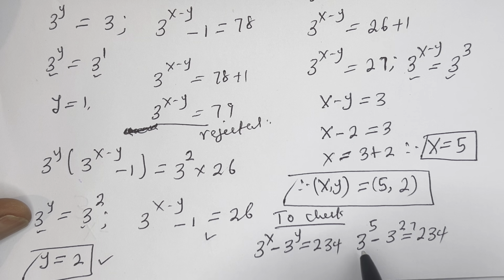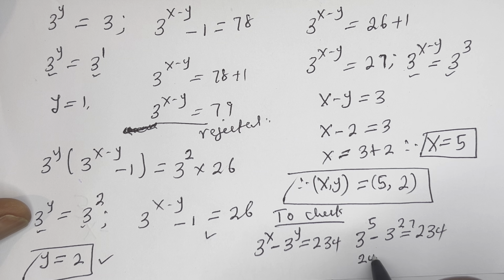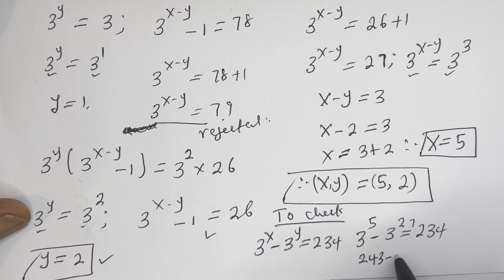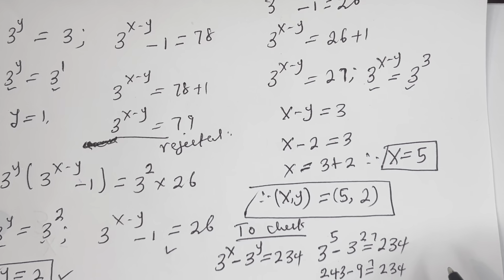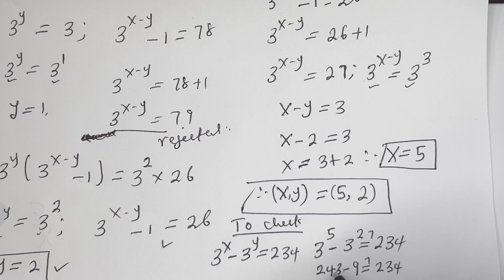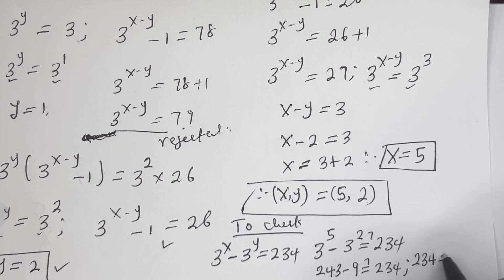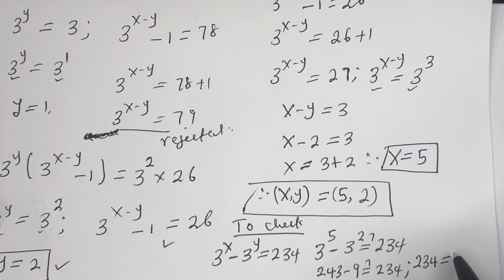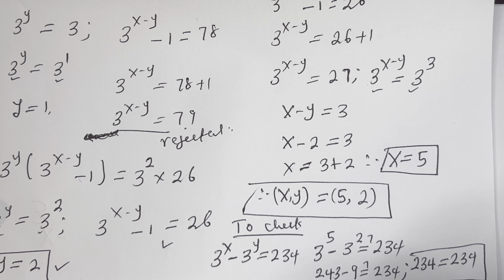Then this is 3 to the power of 5, that is 243, minus 3 squared, 9, must be equal to 234. Then here 243 minus 9, this is 234, is equal to 234, which is true.